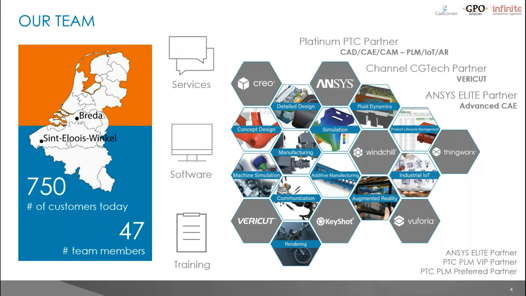Let me first introduce our team. As many of you know, Catcorn and GPO Solutions joined forces in 2017, and in that time we were a company of roughly 22, 23 people.